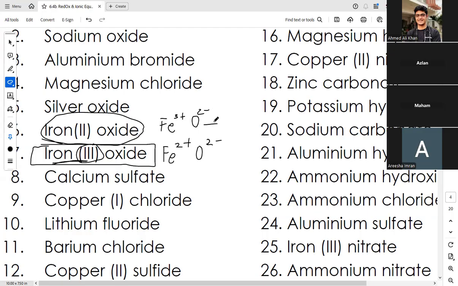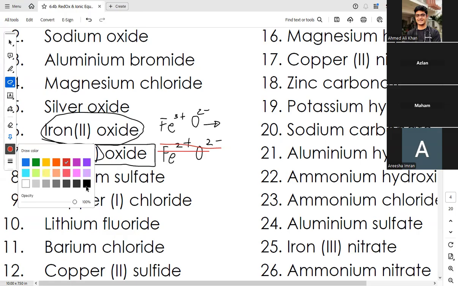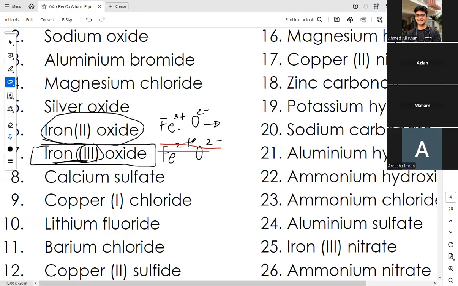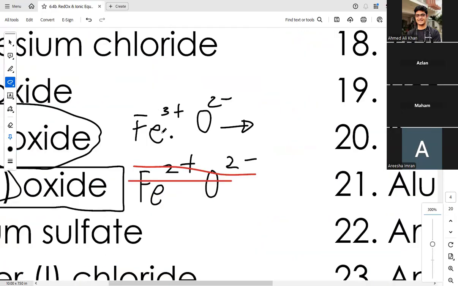What will be the molecular formula for iron 3 oxide? Fe3 plus. No, no, the molecular formula, not the ionic formula. 3Fe, plus O. No. Right here there is a simple trick: if you figured out the ionic formula, you just cross multiply.